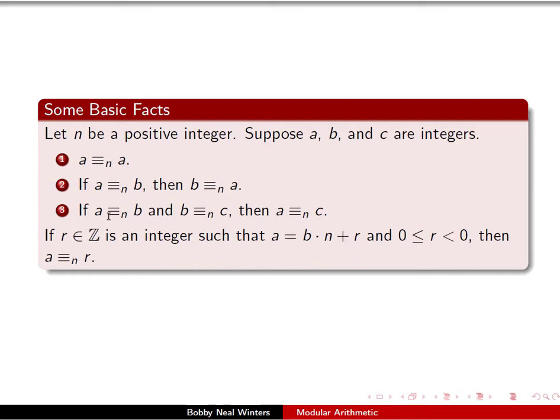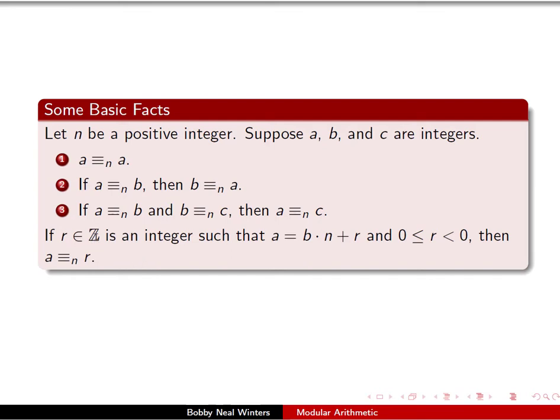Okay, so given these three things, equivalence mod n is what we call an equivalence relation. And so this gives us some powerful stuff that we can use. And here at the end, I want to be careful because it would be easy just to forget it because it's not numbered.